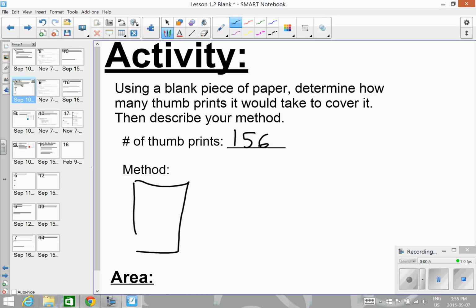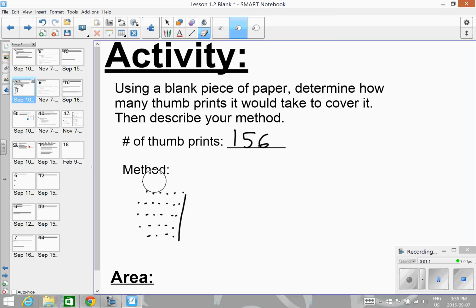And what I did, you could have done all sorts of things. One thing you could have done, well, that's a great rectangle, you could have just gone thumbprint here, here, here, here, until your entire page was covered. But as mathematicians, we try to be as lazy as possible.